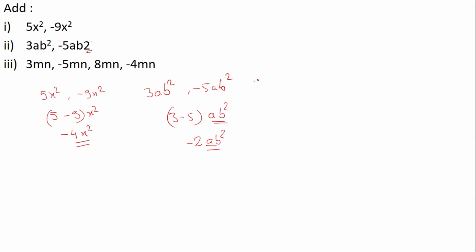We have to add 3mn, minus 5mn. Okay, if you want to write, then you can write it like this one, plus 8mn, plus minus 4mn. So let us take the variable part common.